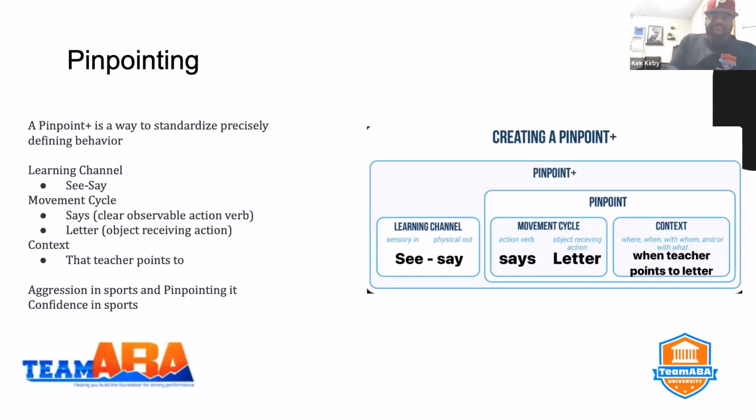So when we create these pinpoints, and I was going to get into a story about creating pinpoints, I don't want to jump ahead of you there, Jared. But pinpointing is extremely important for us, because it allows us to put a microscope under what could possibly be the problem.